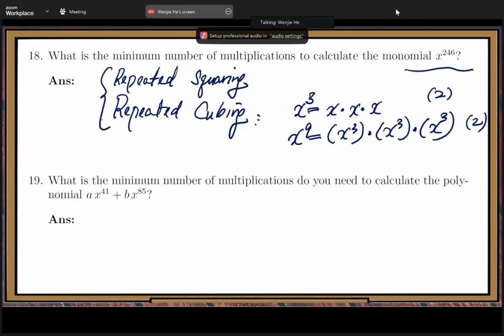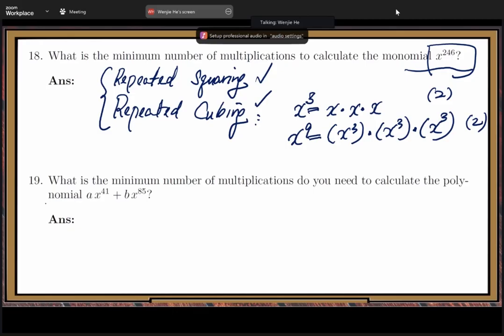In general, you can combine these two. You only need to consider repeated squaring and cubing, no other possibilities. With these two possible ways, you try your best to use the minimum number of multiplications. So that's for question number 18.